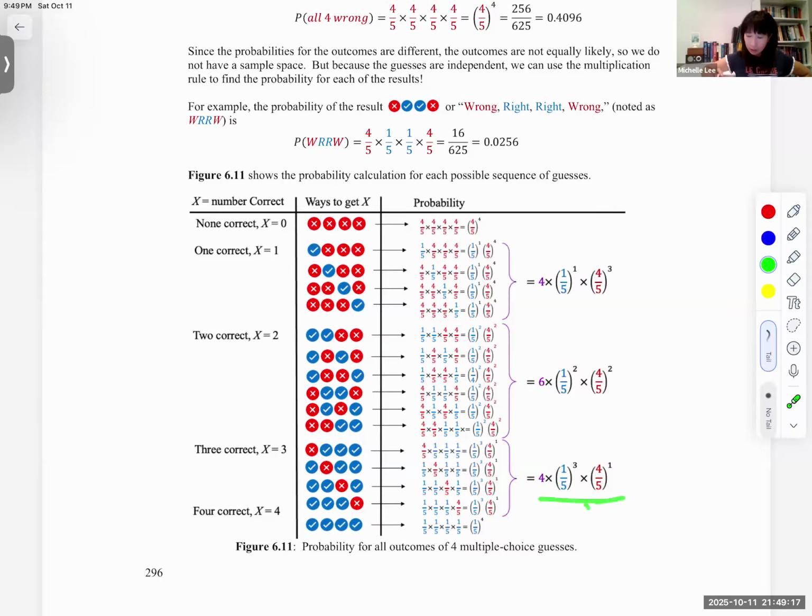So same as, yeah. Okay, now 2 is correct. So right, right, wrong, wrong, or right, wrong, right, wrong. Everything is the same, right? Just 2 right. 2 right means 1 over 5 to the second power, right, right? It's wrong, right?